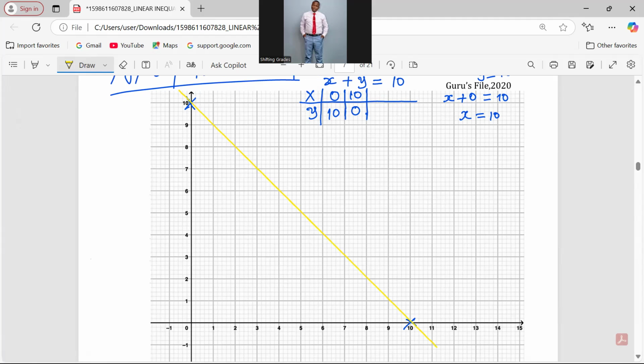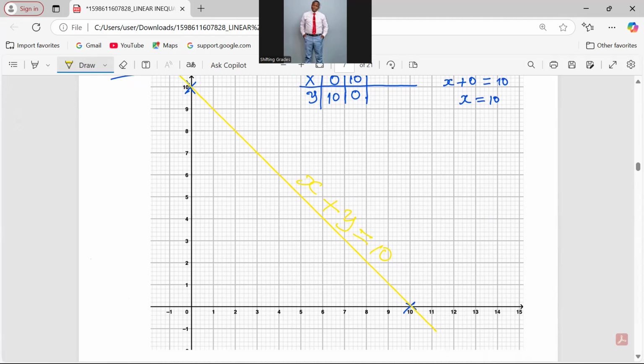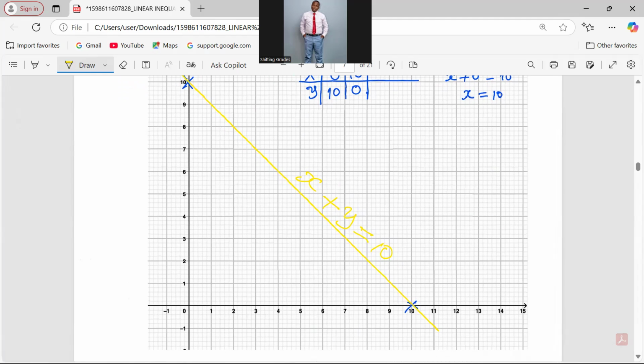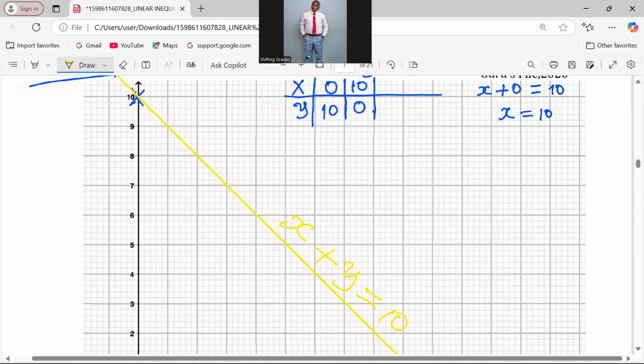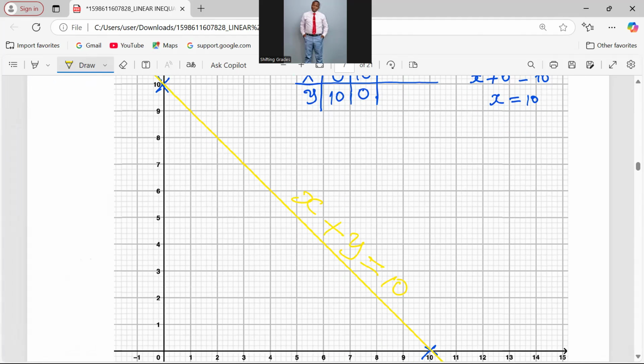Check now, my borderline has been drawn very well. So x plus y equals 10. That is now the line. The line has been represented.